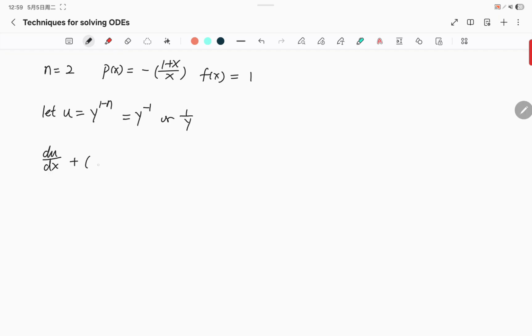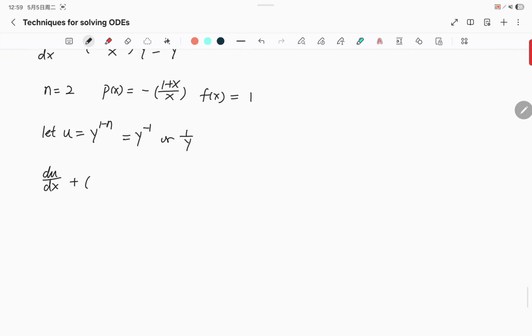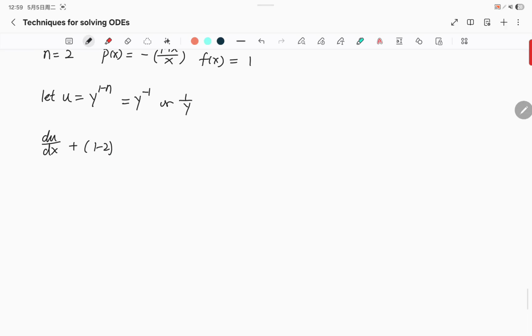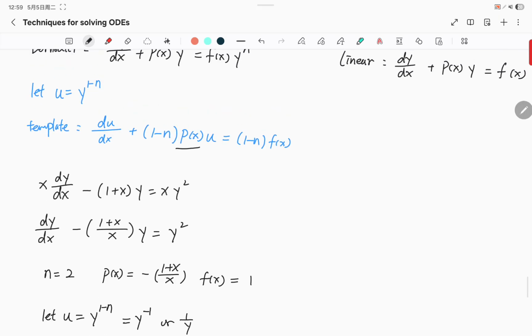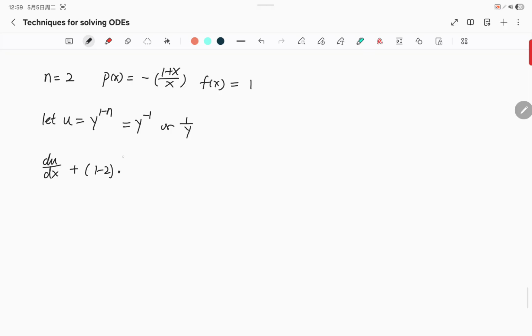Plus, we have 1 minus n, n is 2, so 1 minus 2, multiplied by p of x, which is negative 1 plus x over x, multiplied by u.